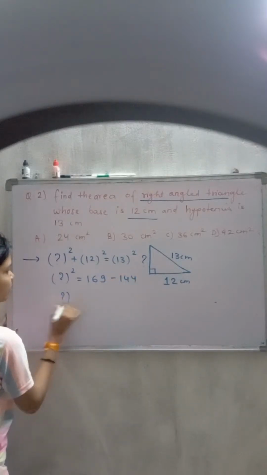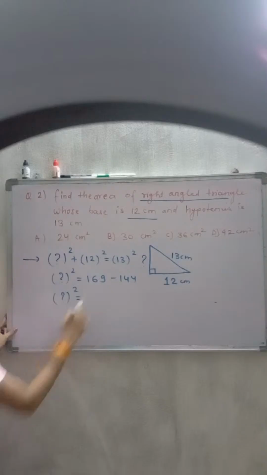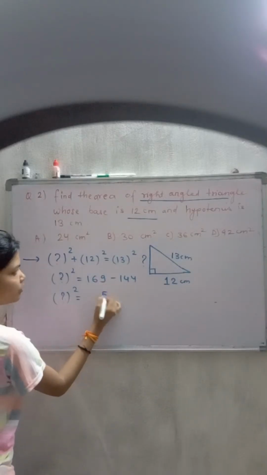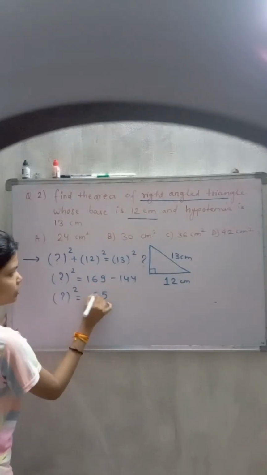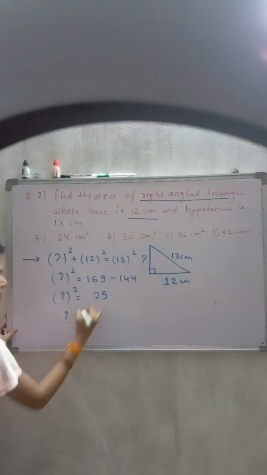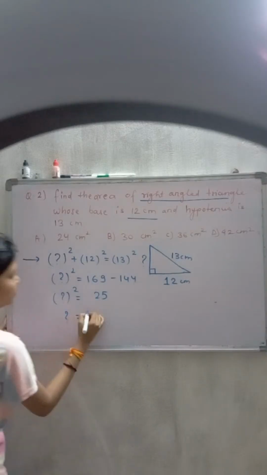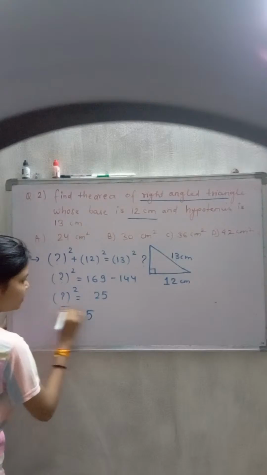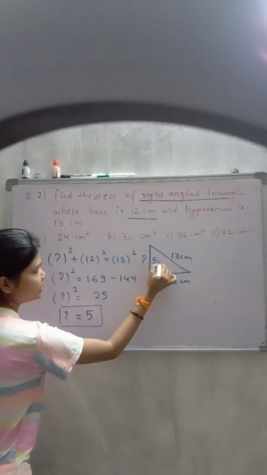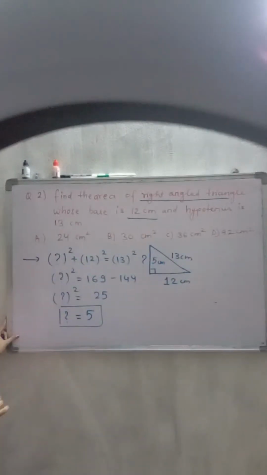So this question mark square will be equal to 169 minus 144, which is 25. So this question mark will be 25, it is the square of 5. So the value of question mark will be 5. So this side is 5 centimeter.